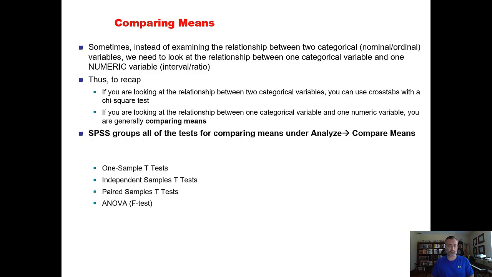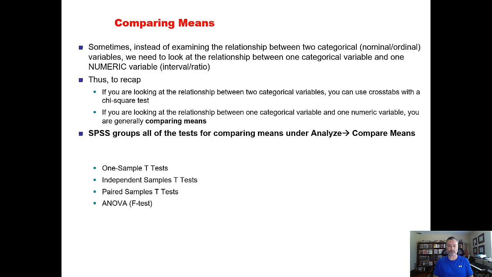But the first stage in all of this really comes down to this idea of when do you do a chi-square versus t-tests? Well, the chi-square is when you're looking at two categorical variables, right? And the t-tests and the analysis of variance are when you're looking at one categorical and one numeric. So we've talked about the levels of measurement, and it's really important that you're able to identify what type of variable you're looking at.